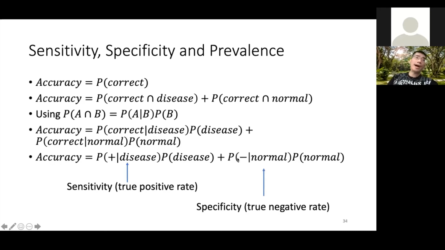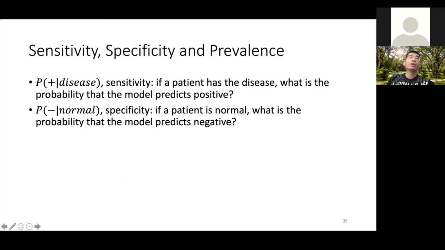Out of this expression pop out two very important quantities that are probably the bread and butter of evaluation in medicine. That is sensitivity and specificity. These terms are also known as true positive rate and true negative rate, which refer to the same two quantities. Sensitivity is the probability that the model classifies a patient as having the disease given that they have the disease.